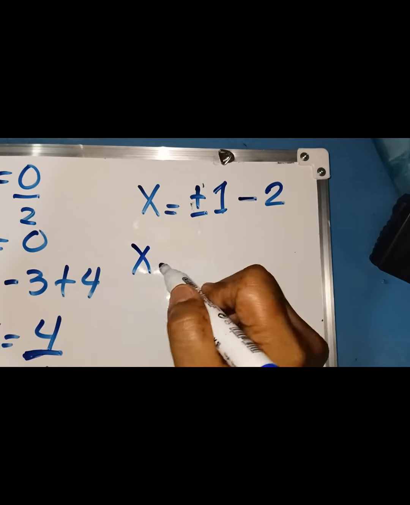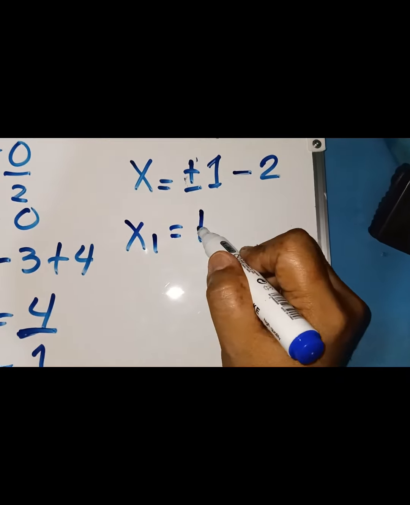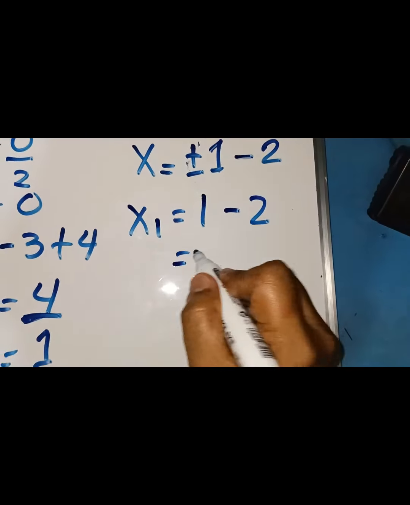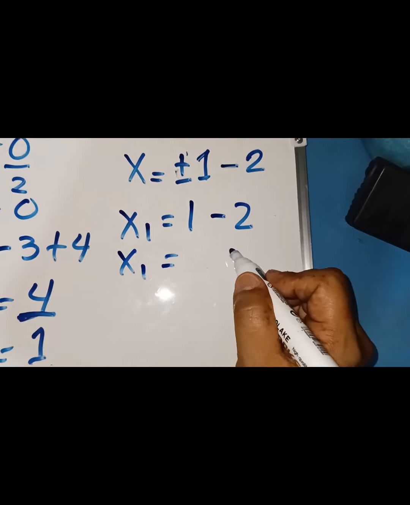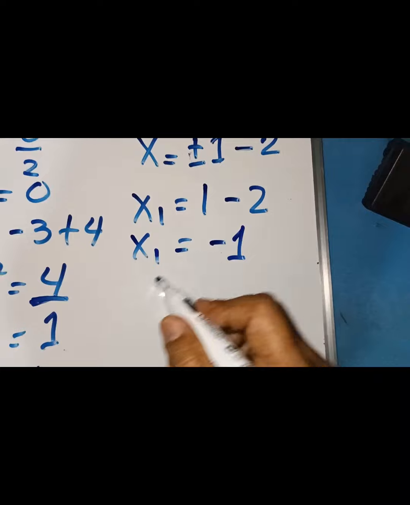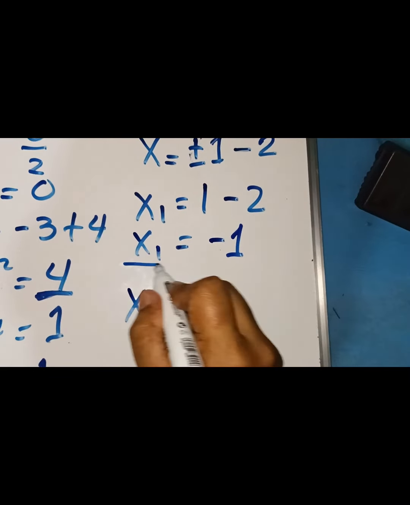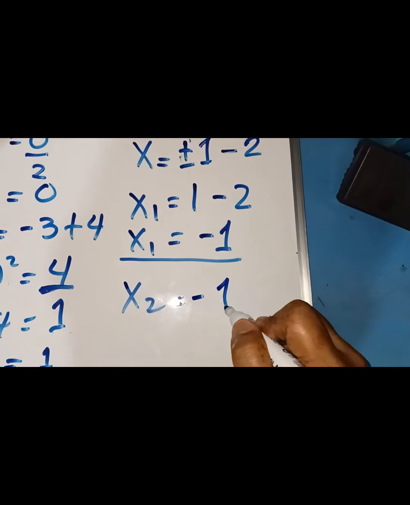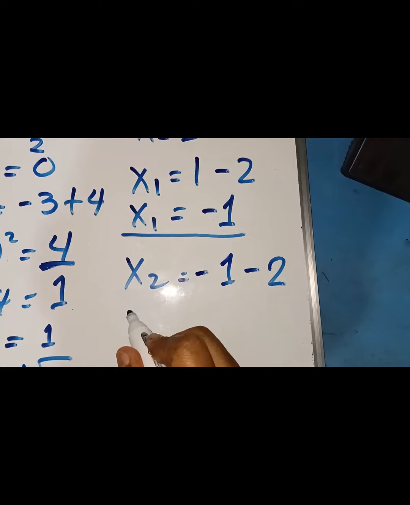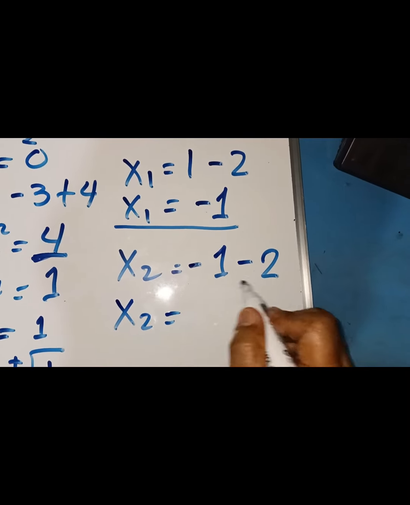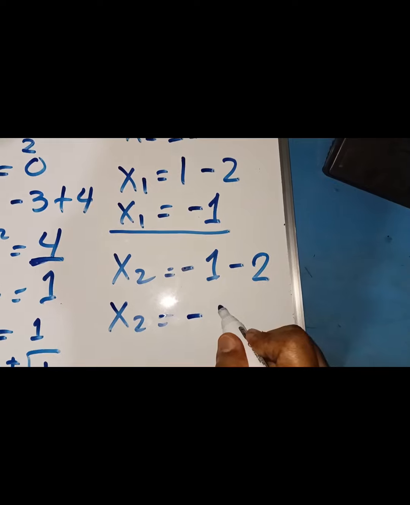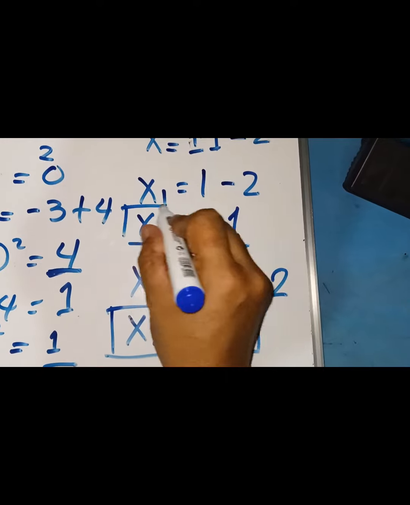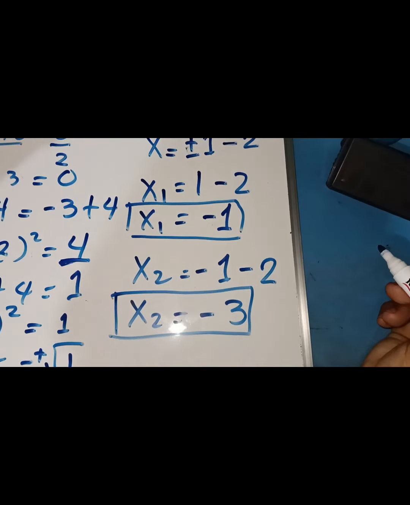So, we have x1 is equal to positive 1 minus 2, which is negative 1. And your x2 is equal to negative 1 minus 2, which is negative 3. So, this is what we obtained as the values of x1 and x2.